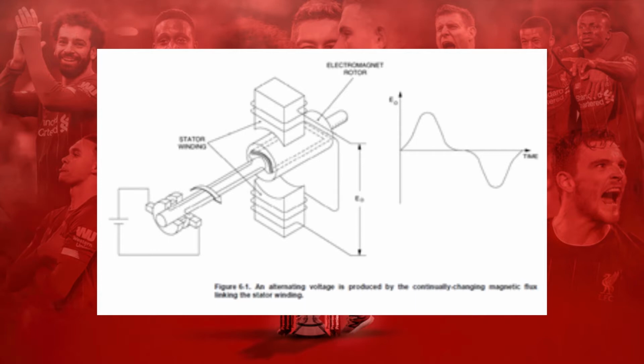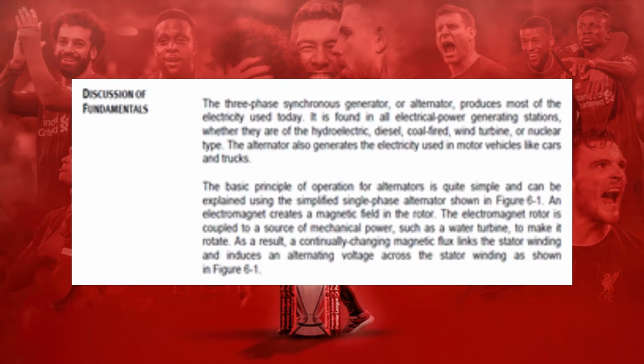The electromagnet rotor is coupled to a source of mechanical power, such as a water turbine, to make it rotate. As a result, a continually changing magnetic flux links the stator winding and induces an alternating voltage across the stator winding, as shown in the figure.